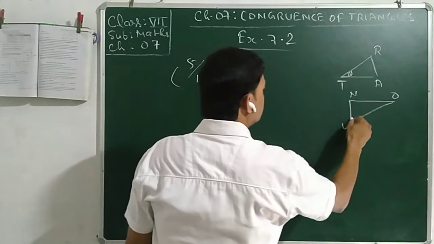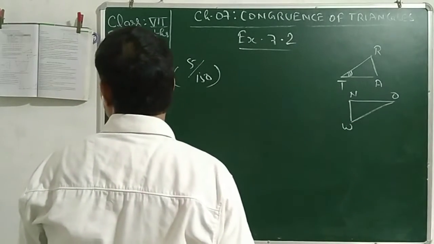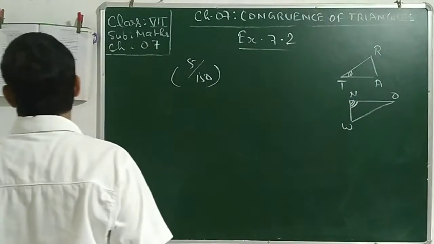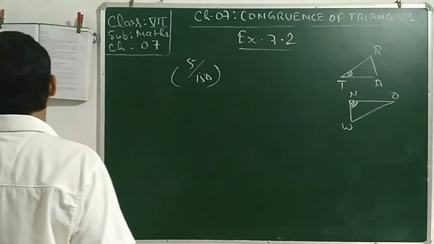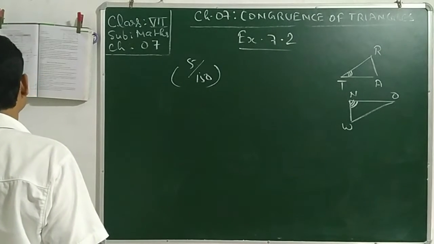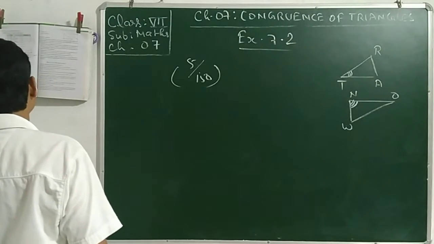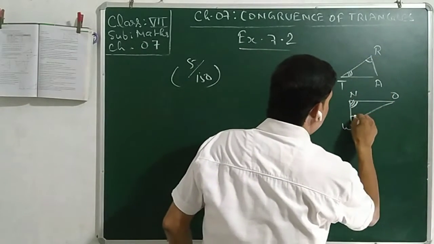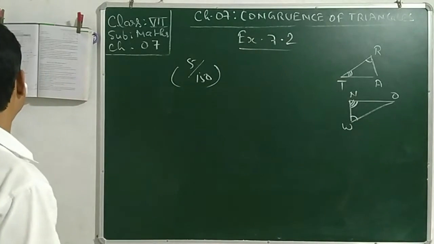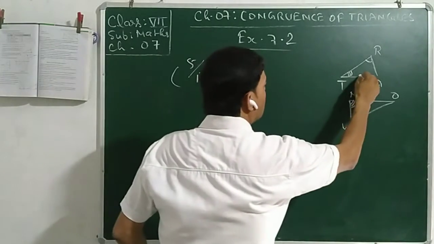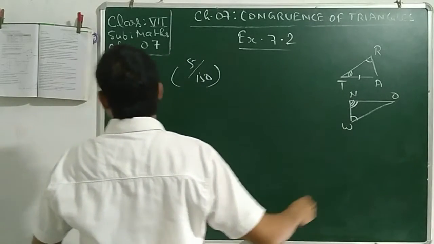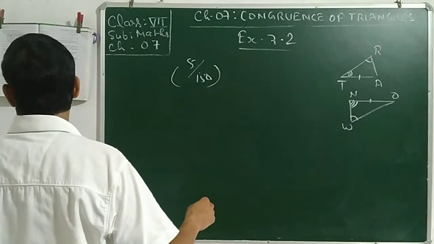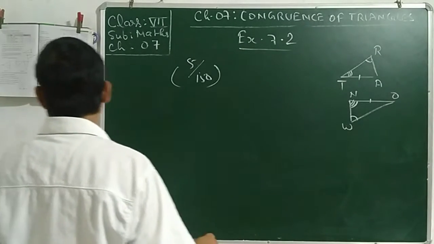Triple arcs at T. Here also we get triple arcs at N. Single arc is given on W and R. So on R single arc, on W single arc, and on AT one slash, on NO one slash, and AR and OW.